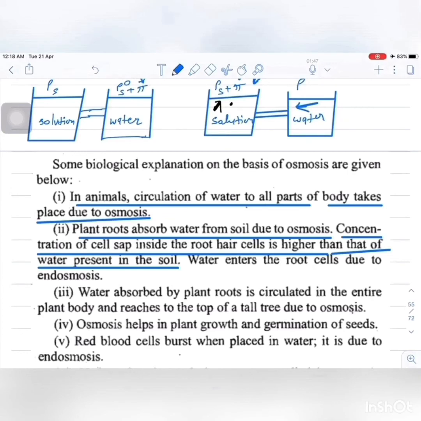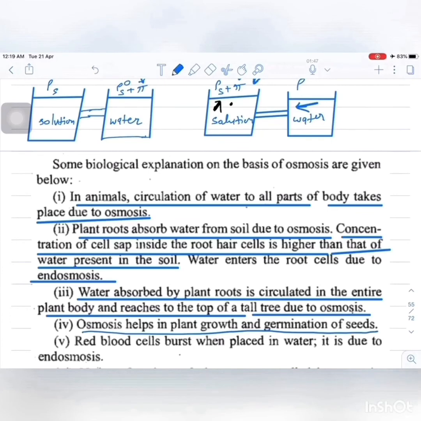So water moves from low concentration to high concentration, and this is called endosmosis. Water goes inside SPM. Water absorbed by plant roots is circulated in the entire plant body and reaches the top of the tall tree due to osmosis. Even 100-meter long trees get water for their leaves by the process of osmosis. Osmosis helps in plant growth and germination of seeds.